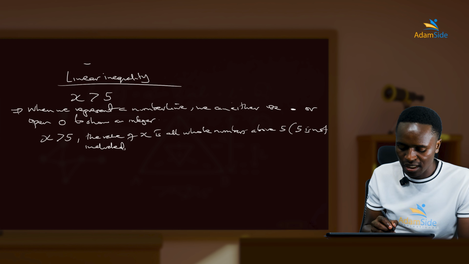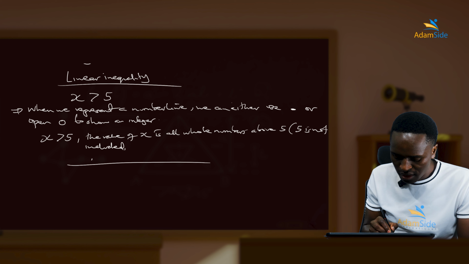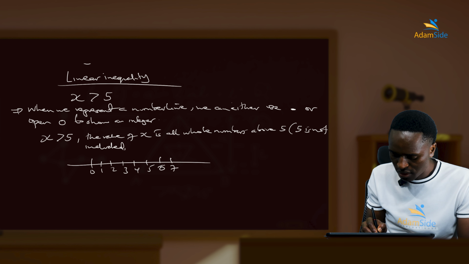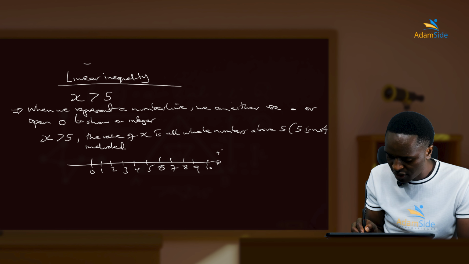In that case, if I have a number line, this means 0, 1, 2, 3, 4, 5, 6, 7, 8, 9, 10, as you go on to positive infinity.